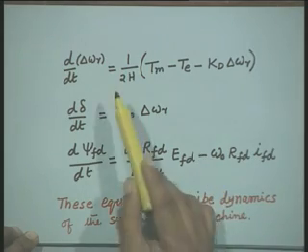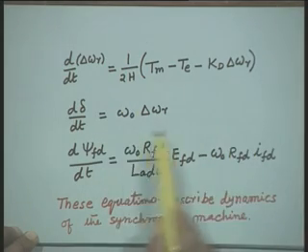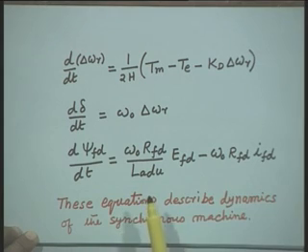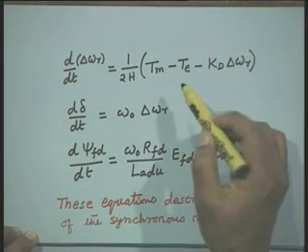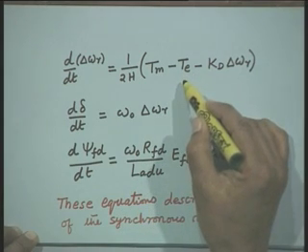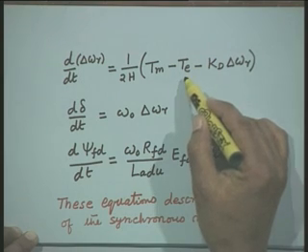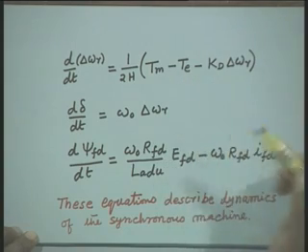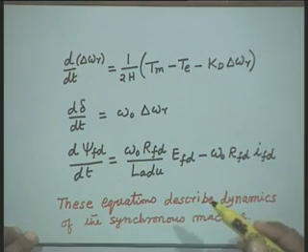But on the right hand side of these equations, we have a term Te, the air gap torque. This air gap torque is neither a state variable nor an input to the system.